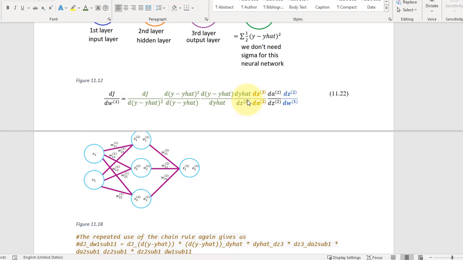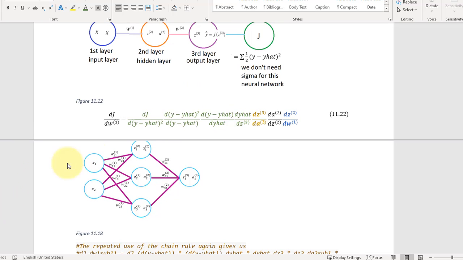So delta 3 is basically all of this green stuff. It takes us all the way down to this gold term here, dz3 dA2, the derivative of z3 with respect to A2.